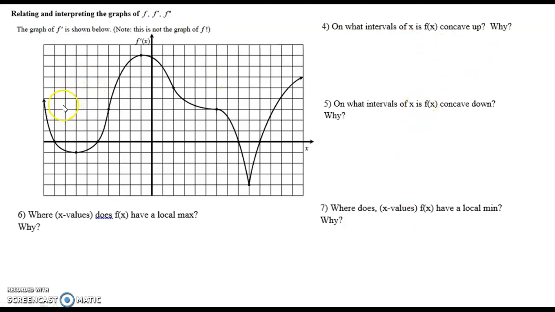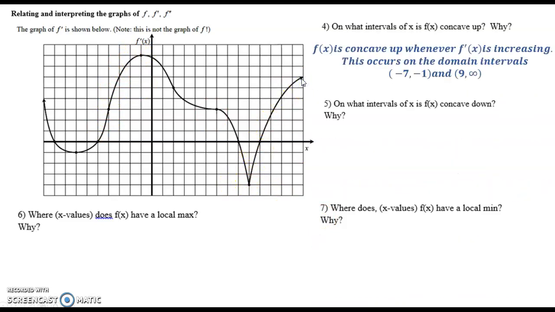So let's look. Where is the derivative curve rising? Looks like there. And again, over here, the derivative curve is rising. So f of x is concave up whenever the derivative curve is increasing, and this occurs from -7 to -1, and then again from 9 to infinity.